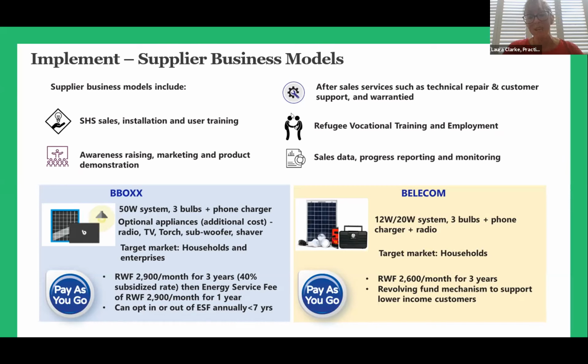For Bellicom, they offered their solar home systems at 2,600 Rwandan francs per month over a 3-year period. And that was not a subsidized cost. That was a standard cost for their solar home systems. And they particularly wanted to focus on this revolving fund mechanism to support the lower income households.